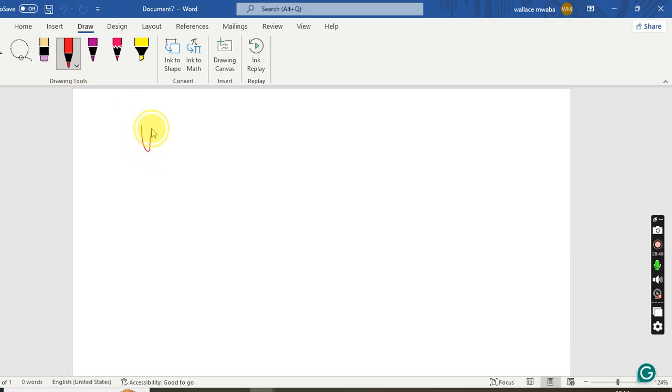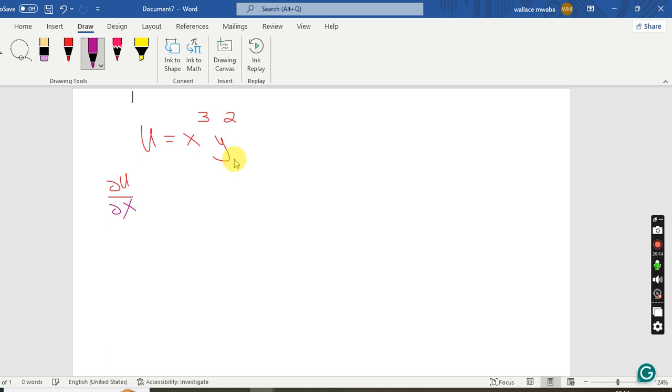Our function is u equals x cubed y squared. First you want to derive this function with respect to x, meaning you're only focusing on the x variable.